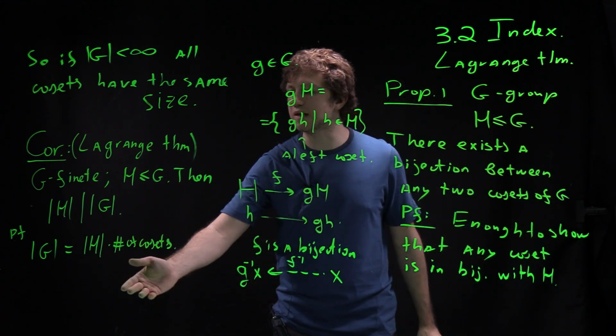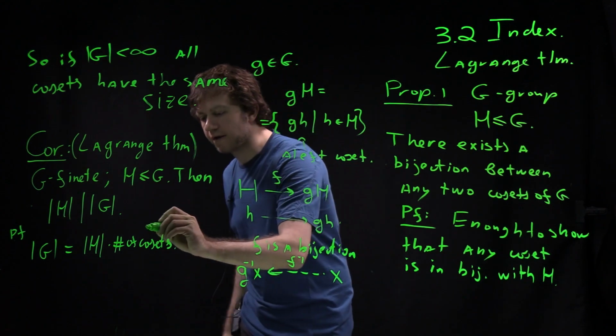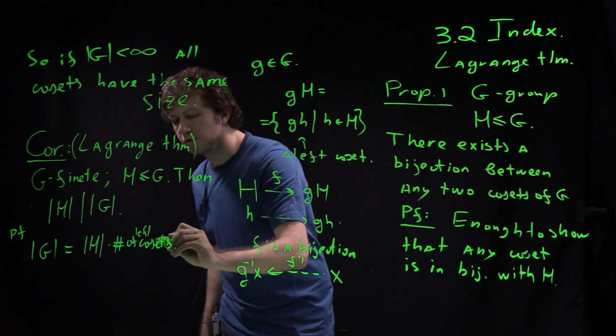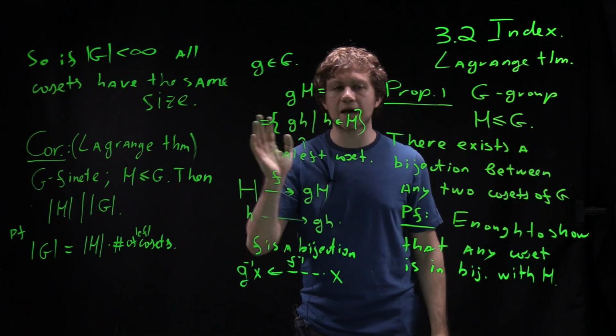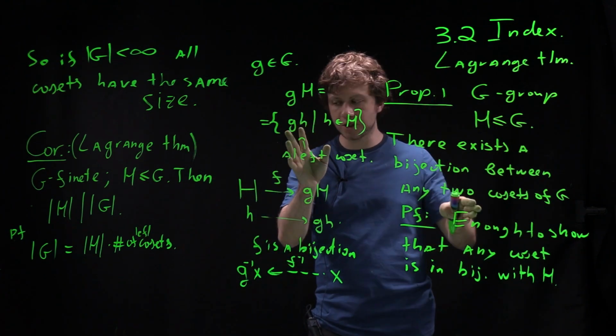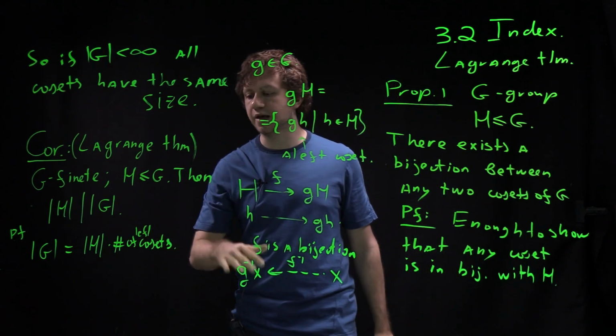Notice it doesn't matter if you take left or right, but you need to be careful. You need to say which you take. Say left cosets. You can also say here right cosets. They still all have the same number of elements. Left cosets and right cosets decompose G into equal parts, but this decomposition can be different if you take left or right.